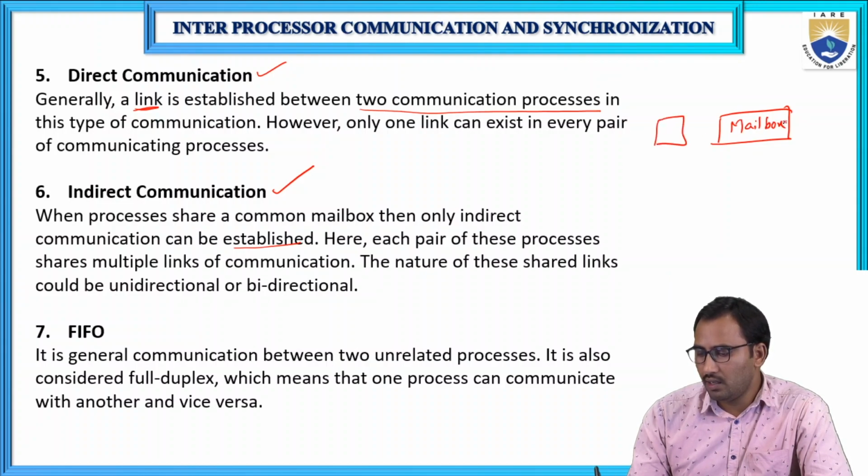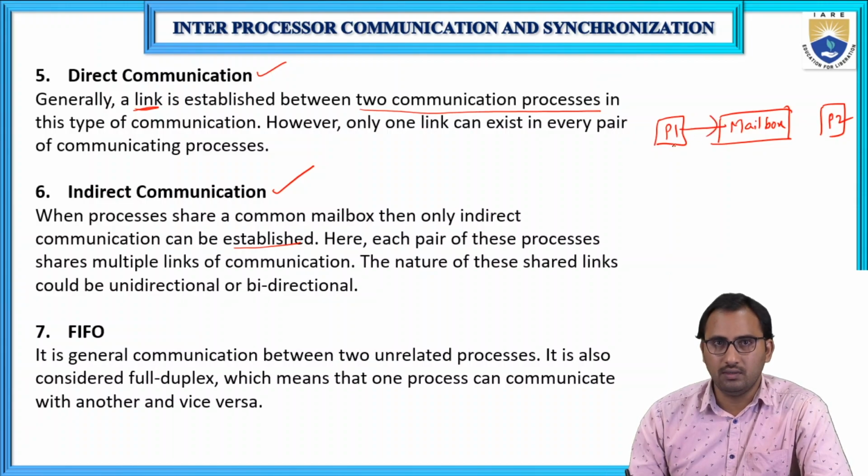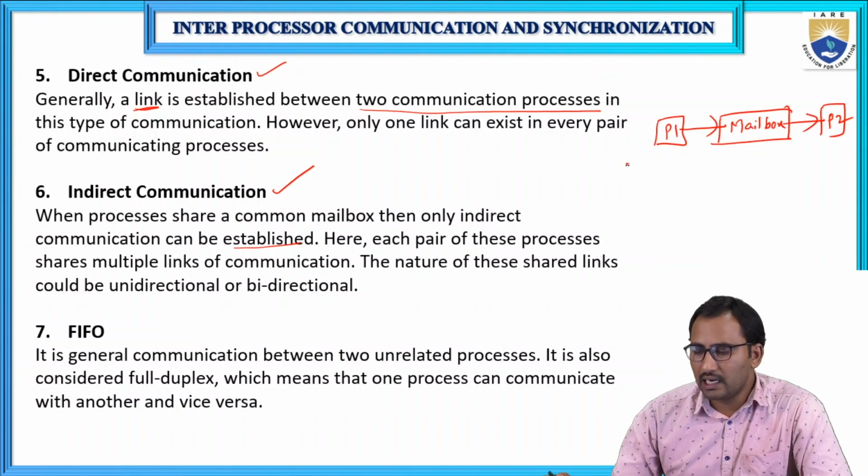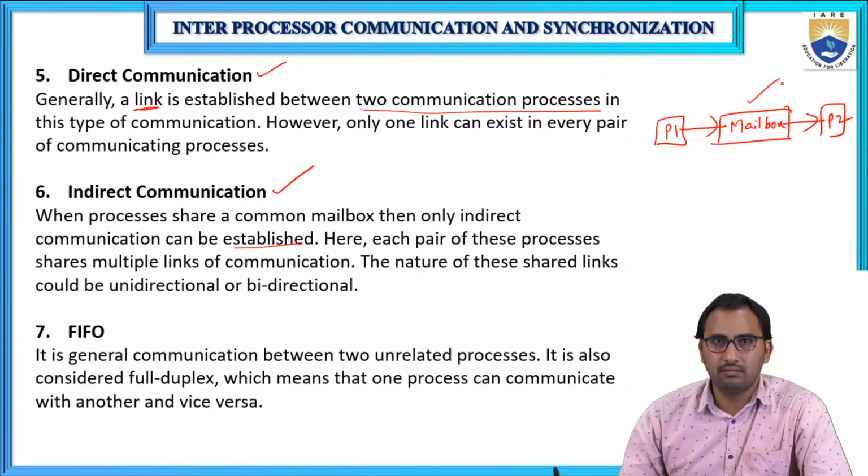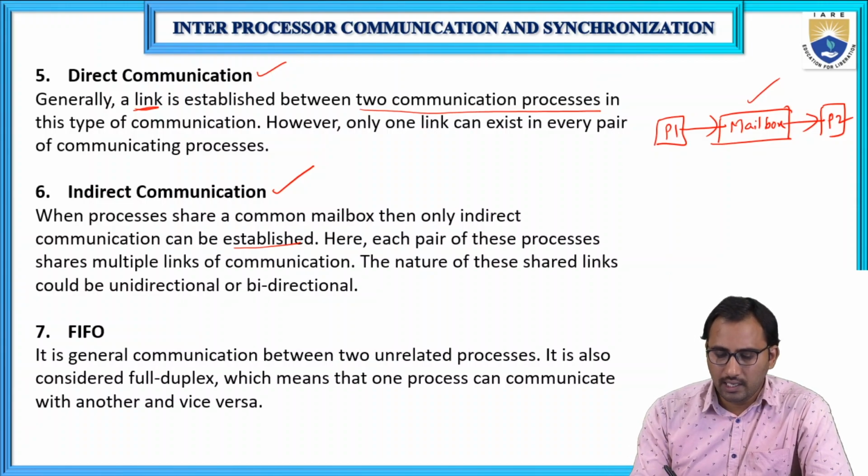Here we have some processes, P1 and P2. Process P1 will send data to the mailbox. After that, P2 will read the data from the mailbox. Both processes cannot access the mailbox at the same time. So that is indirect communication.